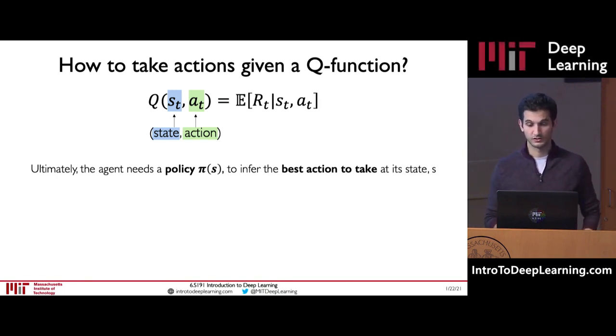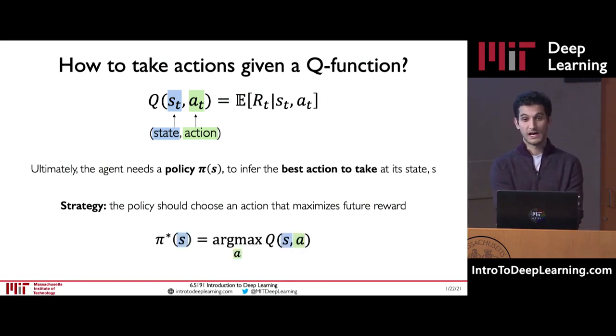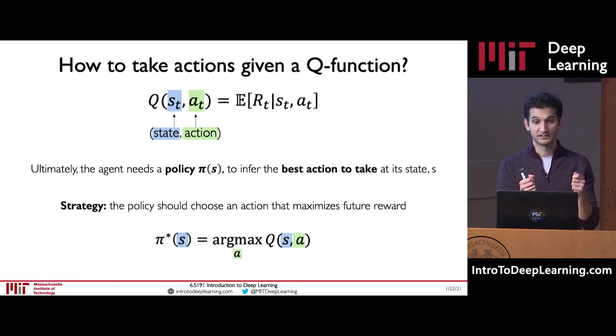How can we use our Q function to create that policy function? Well, one strategy, and this strategy is exactly the correct strategy that you would take, is that you should just define your policy to choose the action that will maximize your Q function, right? That will maximize your future rewards. Well, how do you do that? You have some, let's say, finite list or finite array of possible actions.